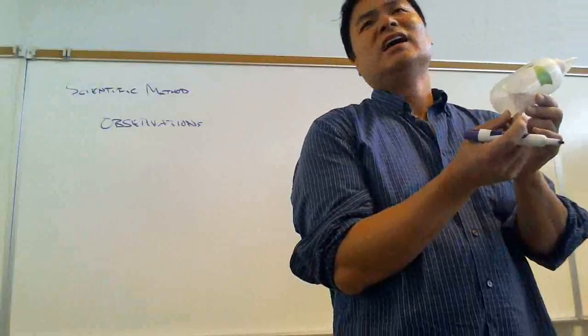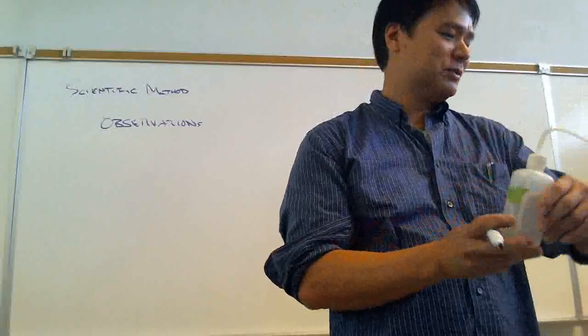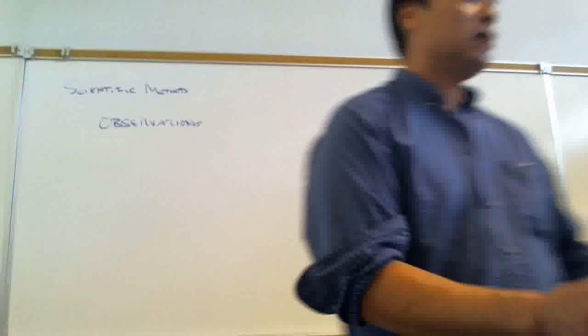type of atom, or whoops, I hope this wasn't too toxic. But this is probably water, right? How do you know if this water is pure or mixture? Is this a mixture or is this pure? It's pure. How do you know it's pure? It looks pure?